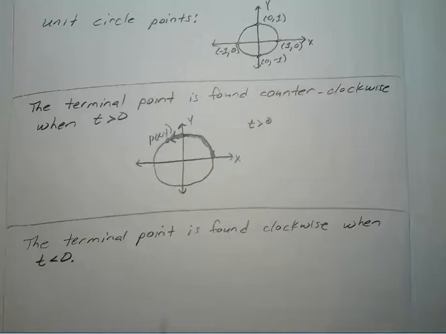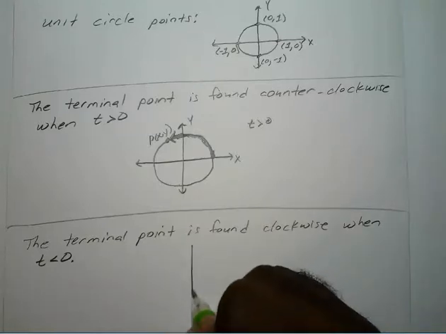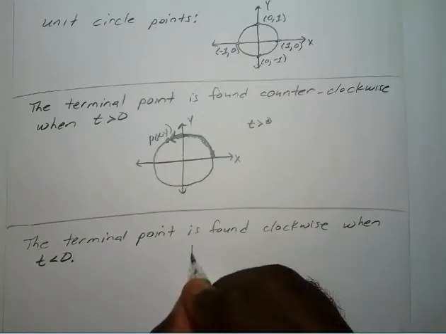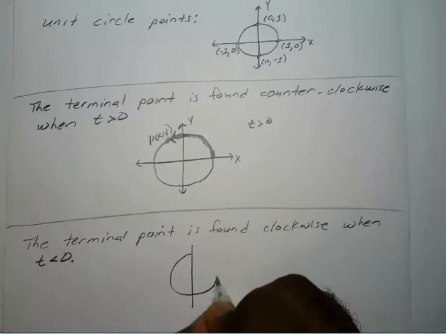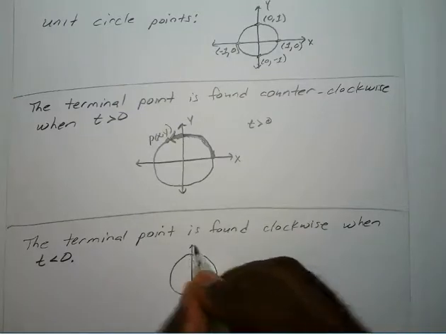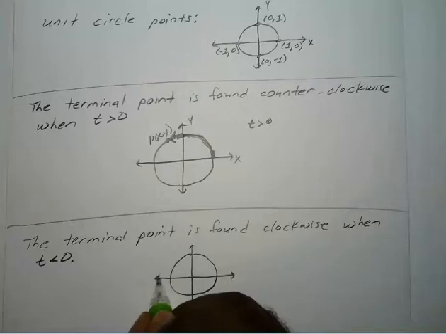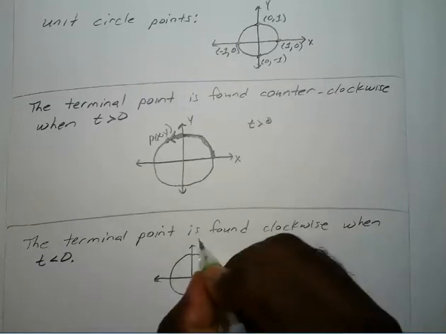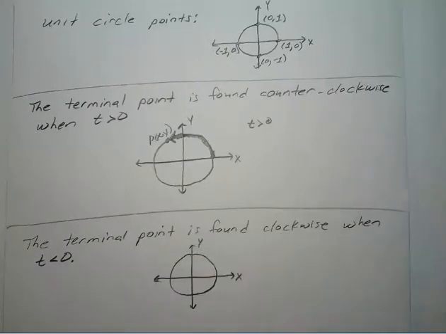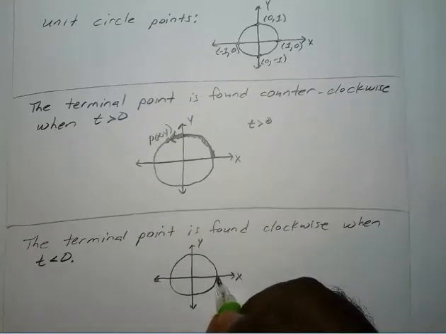So if we draw another unit circle, it doesn't have to be a perfect unit circle, just for explanation purposes. Again, you're starting at your positive x-axis.